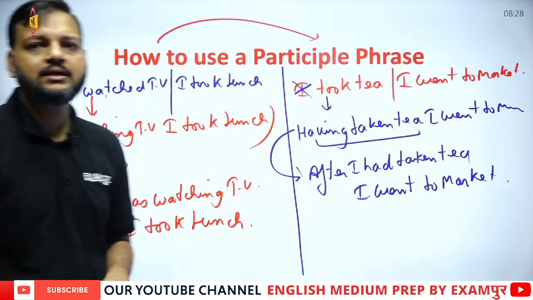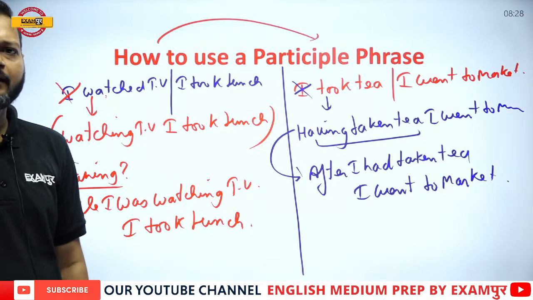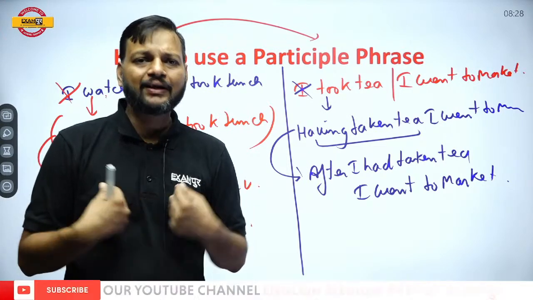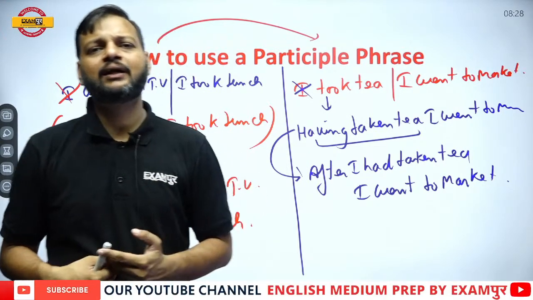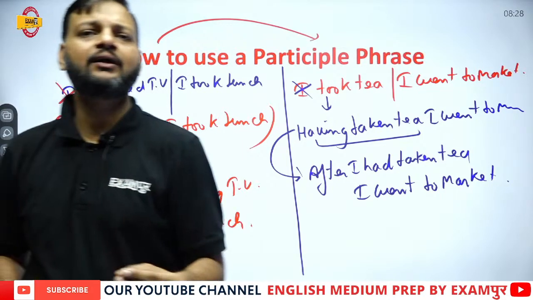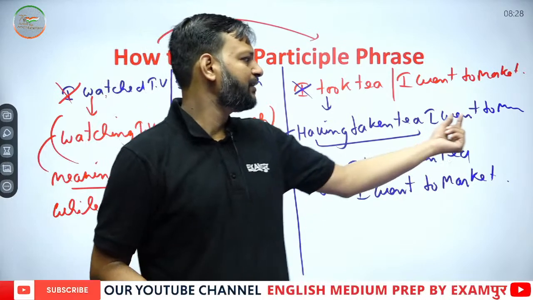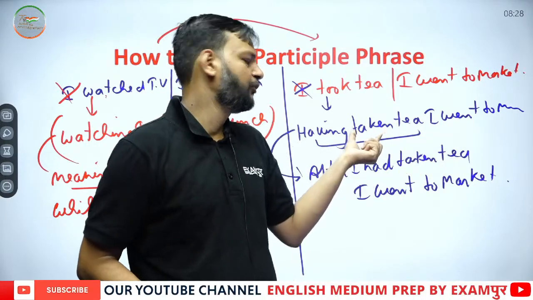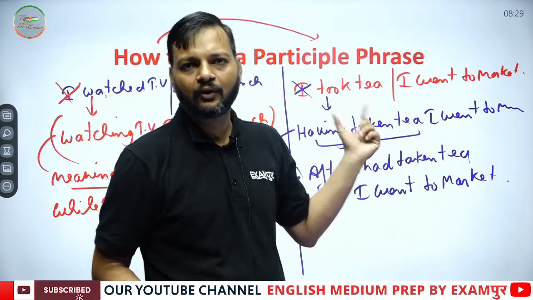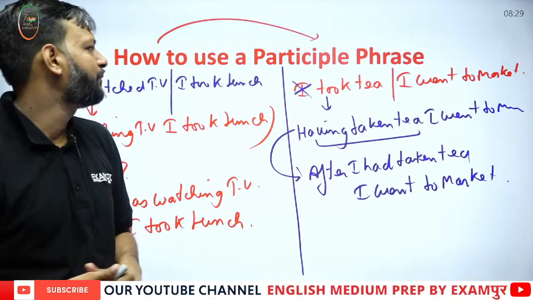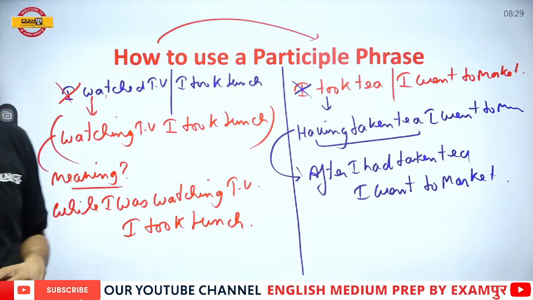When did I go to market? I went to market only after I had taken tea. So in this sentence, this action happened after the first one had completed. This is all about present participle and perfect participle.